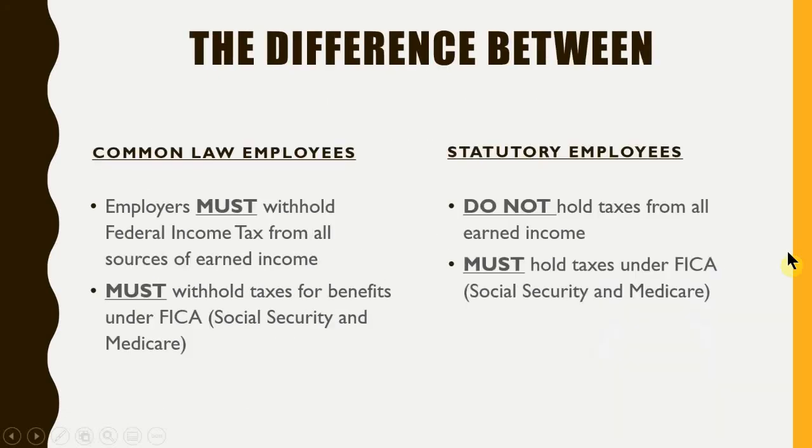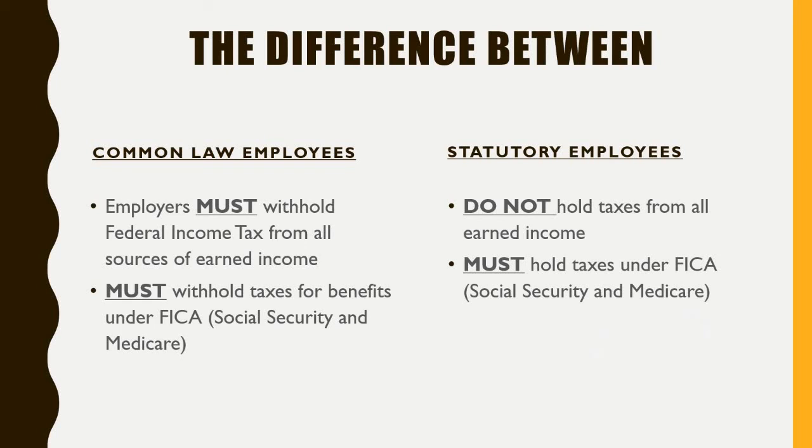Okay. So now, what is the actual difference between a common law and a statutory employee? Now, this is in terms of taxing, okay? Because we already discussed the difference between a common law and the statutory, right? Now, here, common law employees get taxed, not twice, but they get taxed for the individual level.